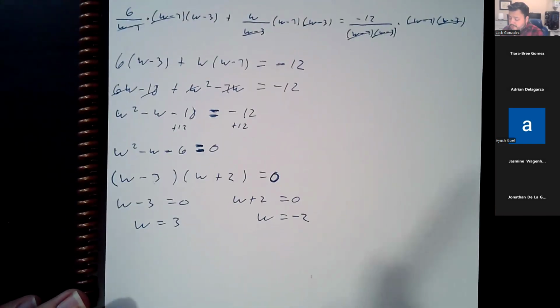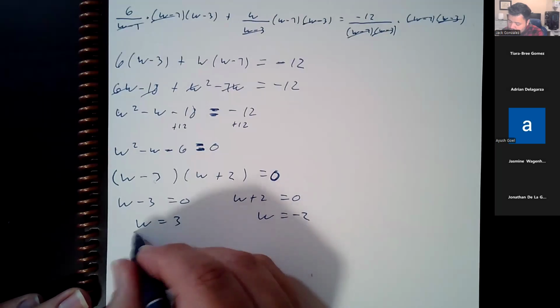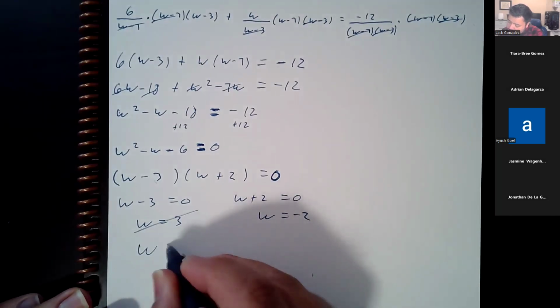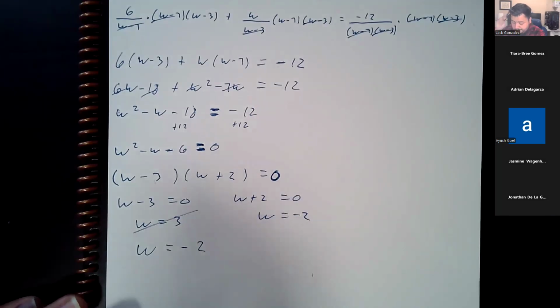So if that happens with any of your solutions, we can't use it. So we only have one solution. Does that make sense? Do you see why we can't use it?